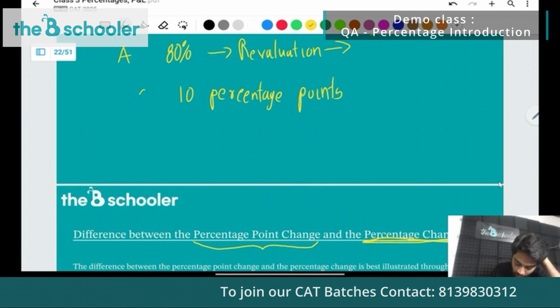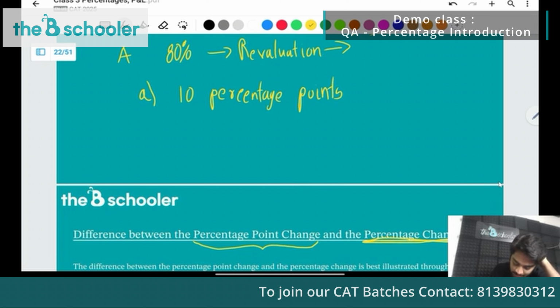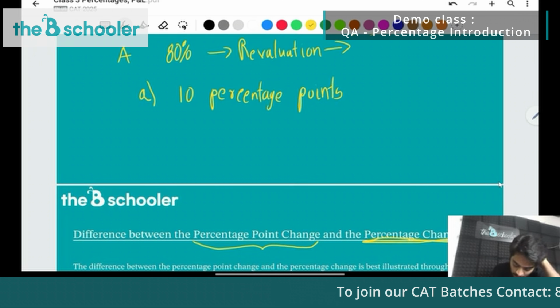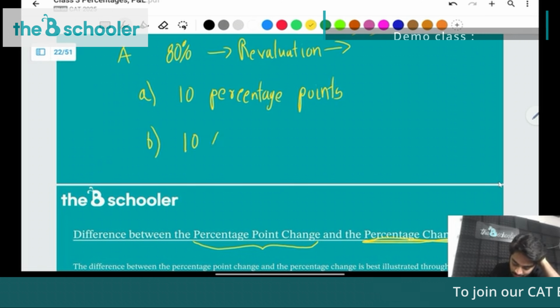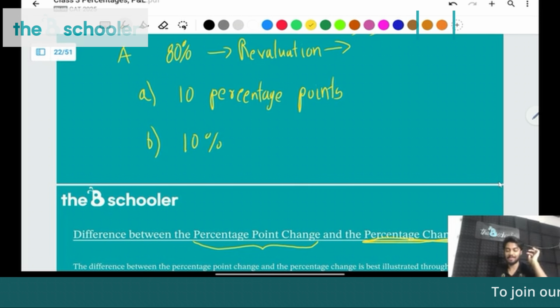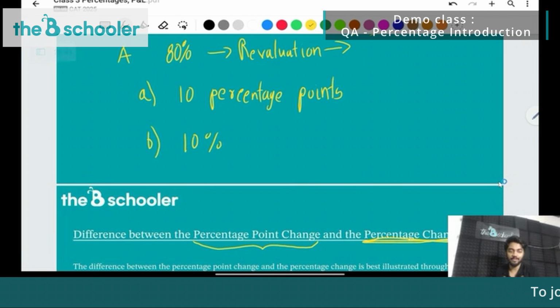Okay, this is option A. One person comes and says his percentage increased by 10 percentage points. Option B, somebody else comes and says his percentage increased by 10 percent. You won't get the same answer.